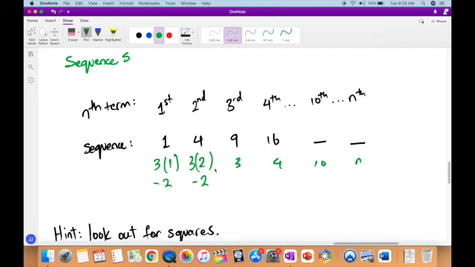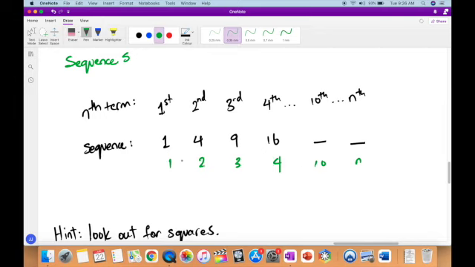It works for the first 2 terms, right? 3 1s are 3 minus 2 is 1. 3 2s are 6 minus 2 is 4, but 3 3s are 9 minus 2 is not 9. 3 4s are 12 minus 2. So I guess it worked for the first 2, but it didn't work for the rest of them. So I guess that 3n minus 2 is not it.